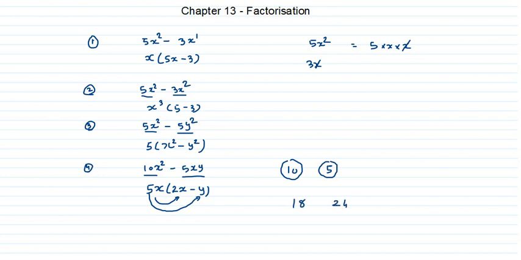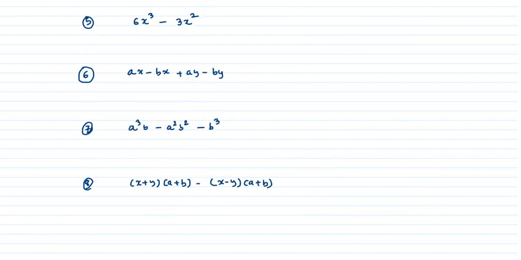Here you can take out 6 as a common, and you are left with 3 and 4. Even if you take out 2, you are left with 9 and 12. This is also correct, but you have to take the bigger number, the highest common factor. So here in this case you need to take 6 as a common. This is a little bit crucial. By practice you will get the hang of it.